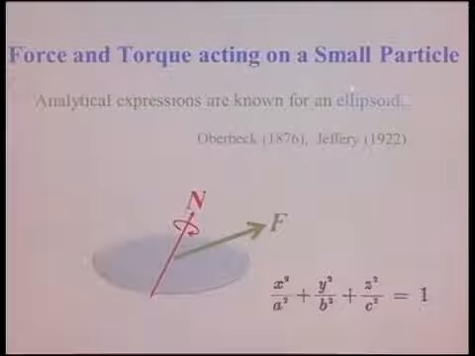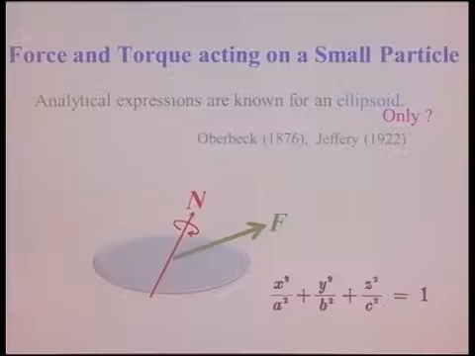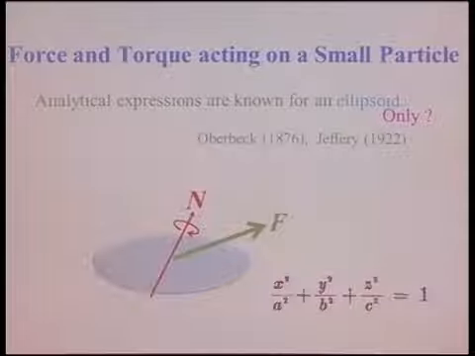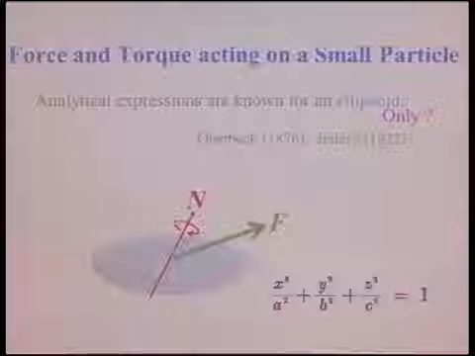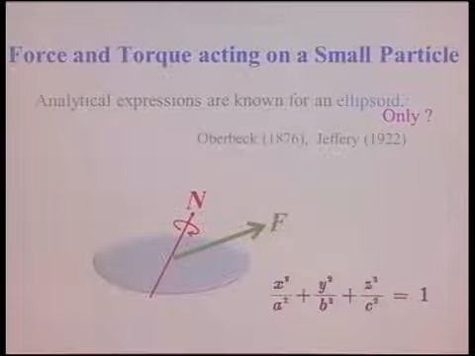To describe the motion, we must calculate the force acting on the body particle. And an analytical expression is known for the ellipsoid; it was derived a long time ago. But as I know, only this case has an analytical expression for torque and force. If you know other cases, please let me know.